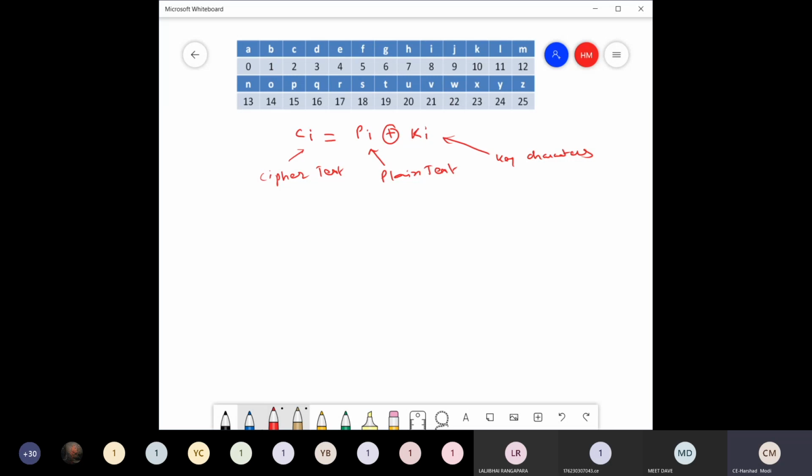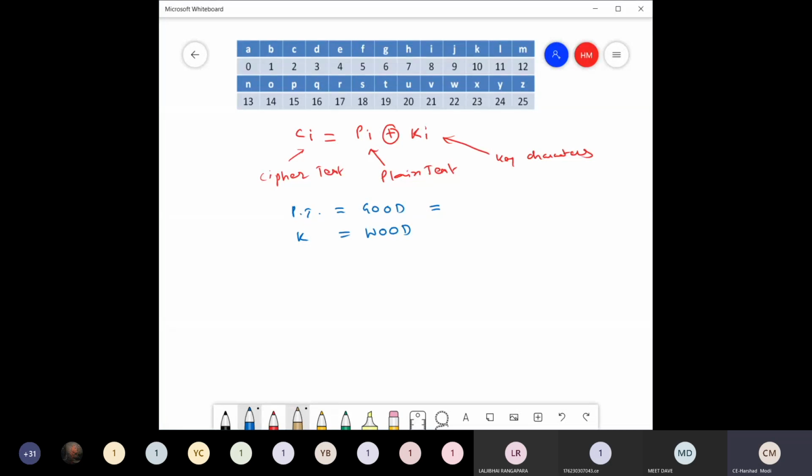For example, we have plain text equal to GOOD, and suppose the key is equal to WOOD. So first of all we have to find out the numeric values related with each of the characters of plain text as well as key.